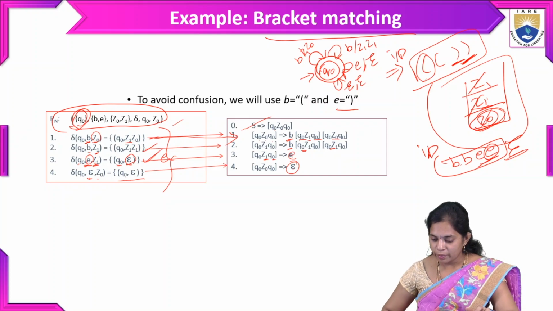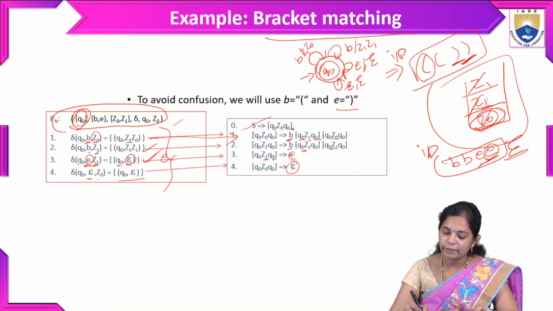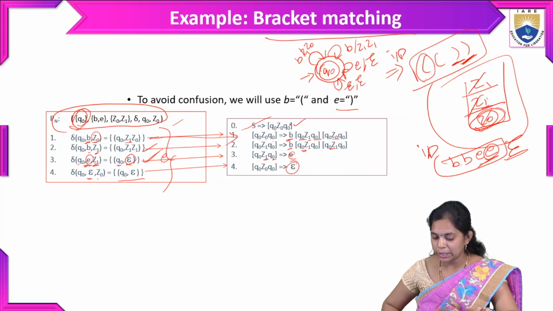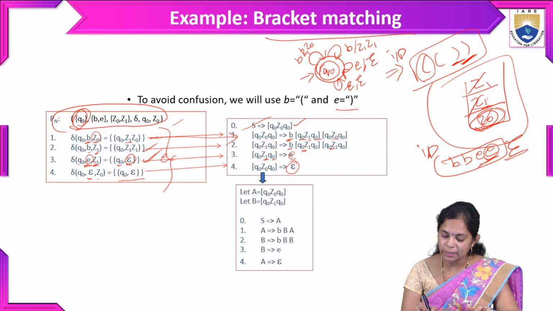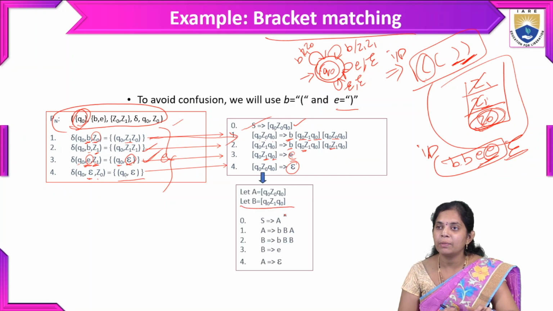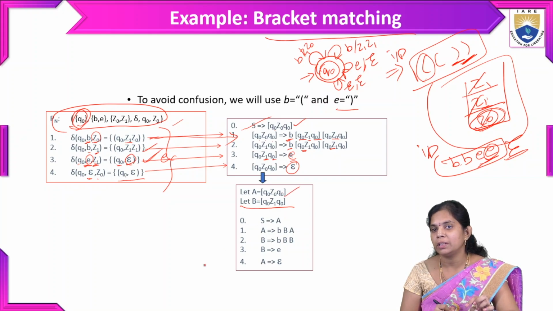We might get confused with these names, so we will allot names like A, B, C, D. So let us assume A comma B. A is nothing but the top of the stack symbol Z naught, and the top of the stack symbol Z1 is represented as B.